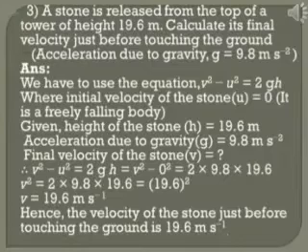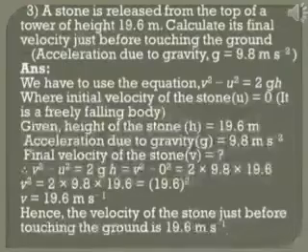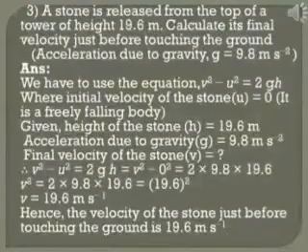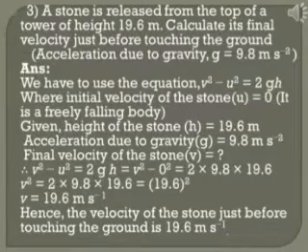By using this equation, v square minus u square is equal to 2gh, and by substituting the values of u, g and h, we get v square minus 0 square is equal to 2 into 9.8 into 19.6. So v square is equal to 2 into 9.8 into 19.6.